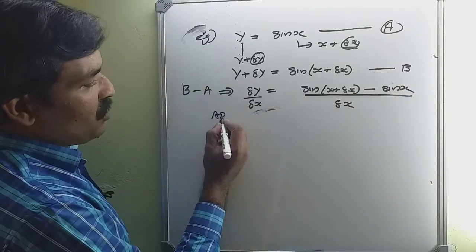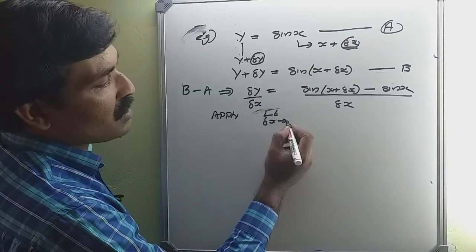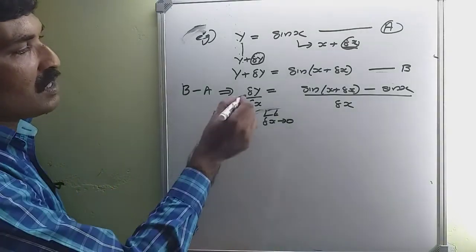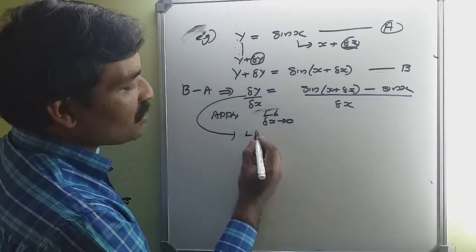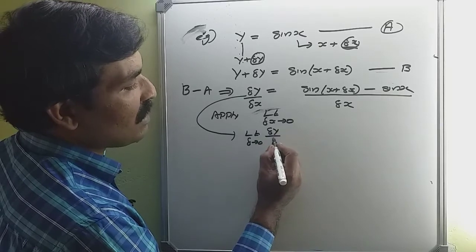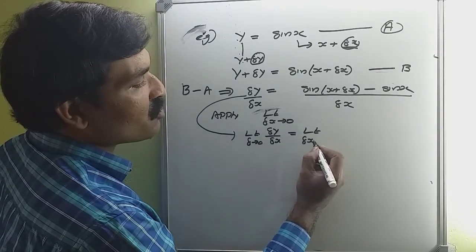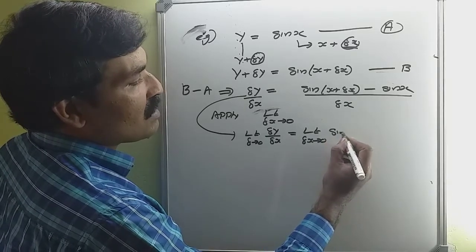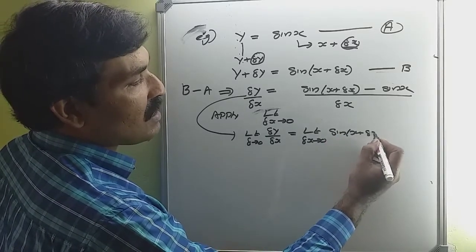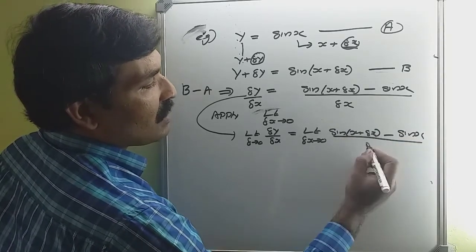Apply the limit del x tends to 0. So this implies limit del x tends to 0 del y by del x is equal to limit del x tends to 0 sin of x plus del x minus sin x by del x.